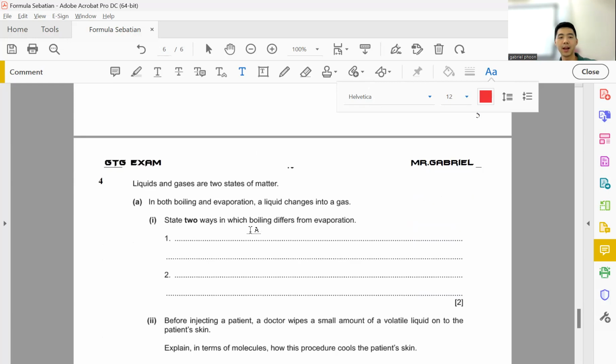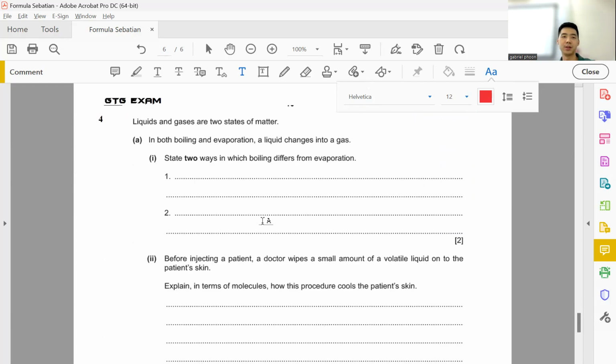Okay, then this final question here also. Most of you were able to answer these two, which I only mentioned in class a thousand times. Boiling occurs at boiling point, evaporation occurs at any temperature.